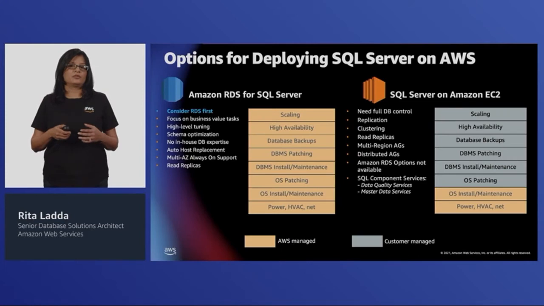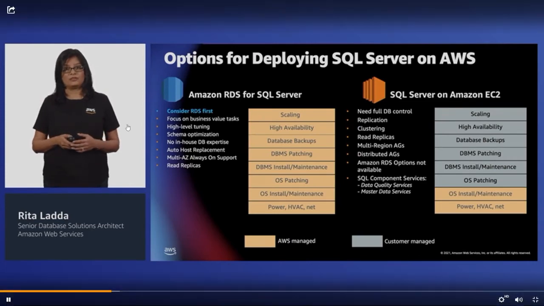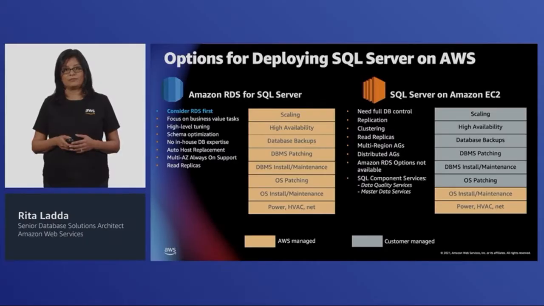EC2 is a self-managed option, where AWS takes care of physical infrastructure and OS install, and you are responsible for everything in the stack above operating system, like database install and maintenance, designing and implementing high availability and disaster recovery solutions. All of these tasks require a great deal of expertise and consume a lot of time.